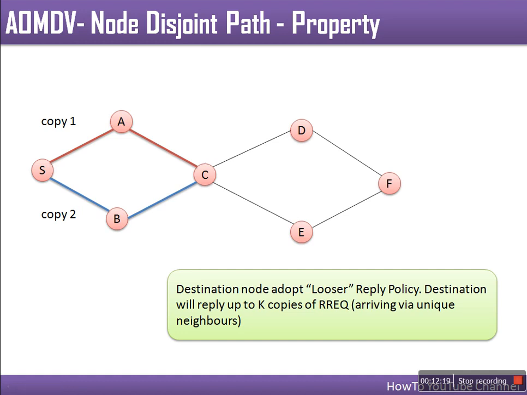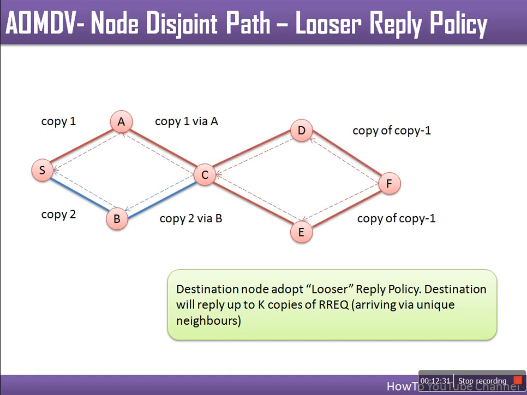It will receive both copies and set a reverse path to source S, but it will broadcast only the first query packet. So we are assuming it received copy 1 first. So C broadcasts copy 1 again. So the first route request packet will be broadcast again.